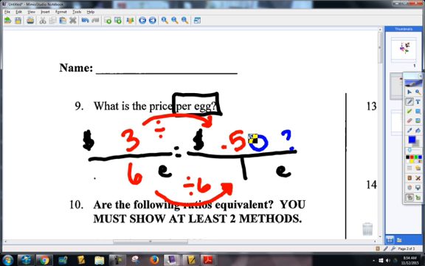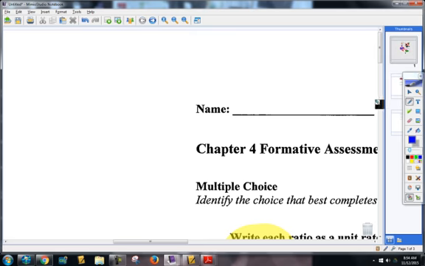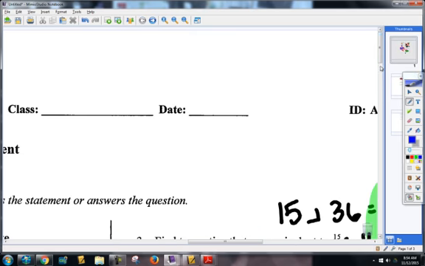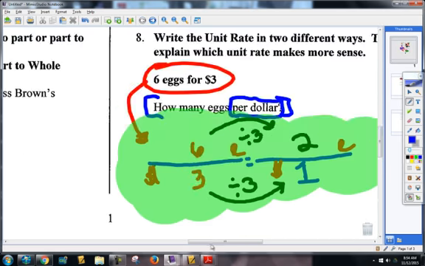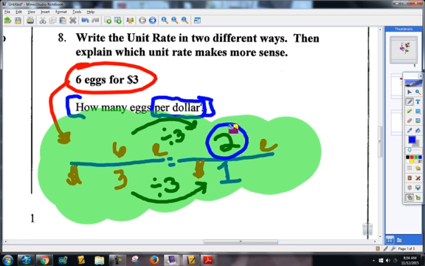That's the cost per one of the object, whatever you're buying. So on number 2 up there on the first page, that was pencils. That one's always going to make sense. So this one absolutely made sense, no questions asked. But the other one also makes sense because look, it didn't give me a partial egg.